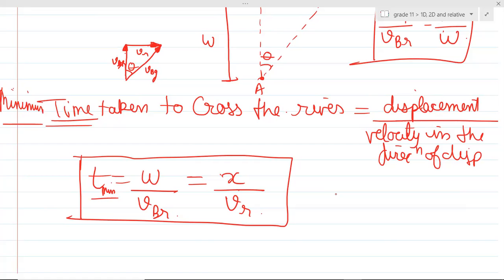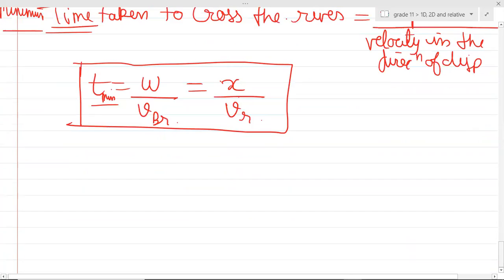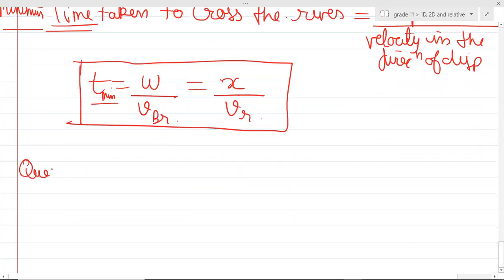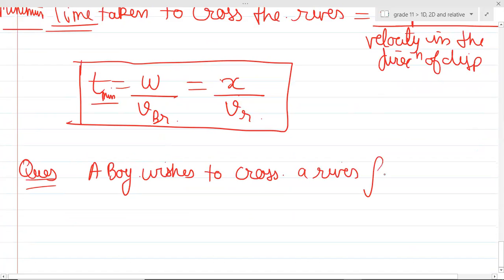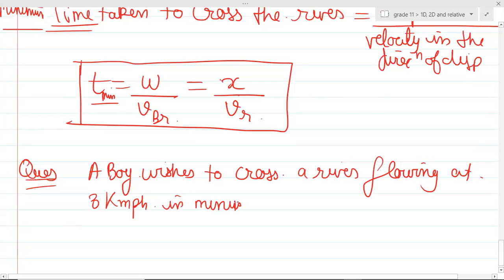Guys, are you done noting down? I'll give you one question. A boy wishes to cross a river flowing at 3 km/h in minimum possible time.